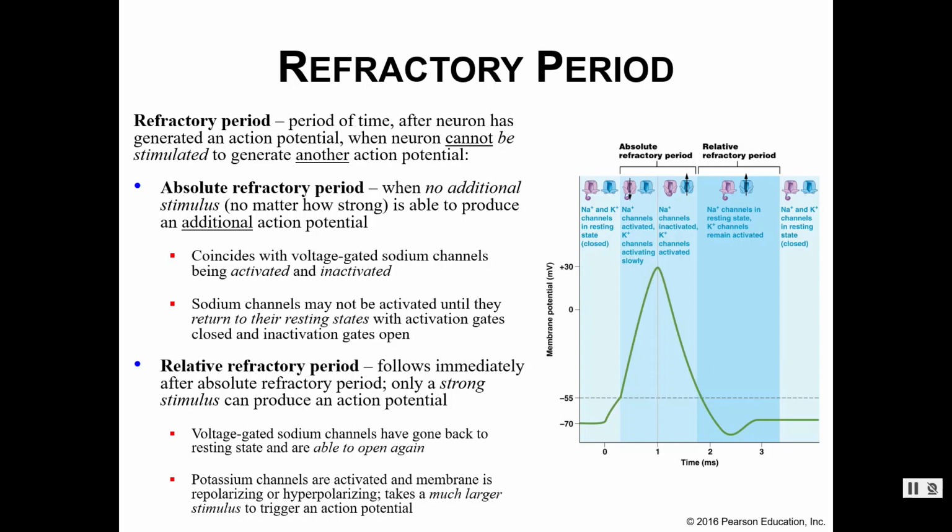In the absolute refractory period, I don't care how hard you stimulate that neuron, you cannot produce another action potential. No additional stimulus is able to produce an additional action potential. Why? Because you're not even finished doing the one you're working on.